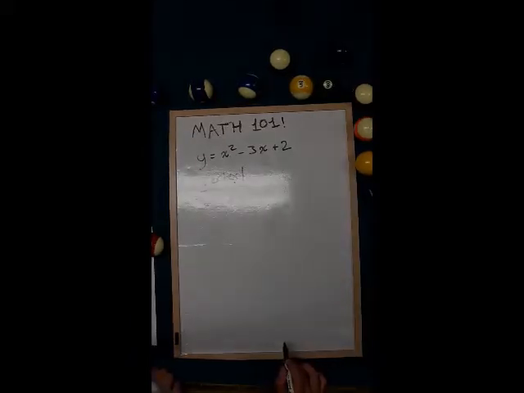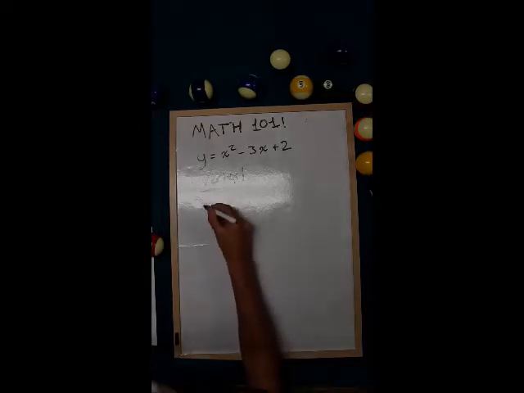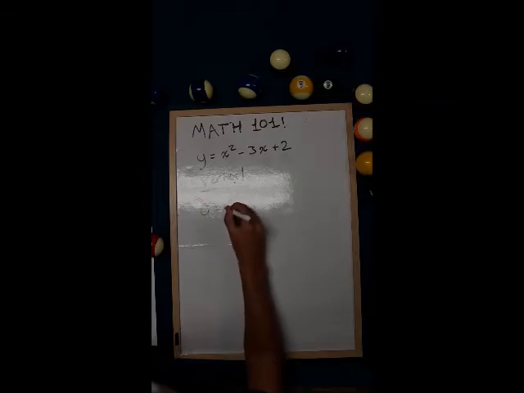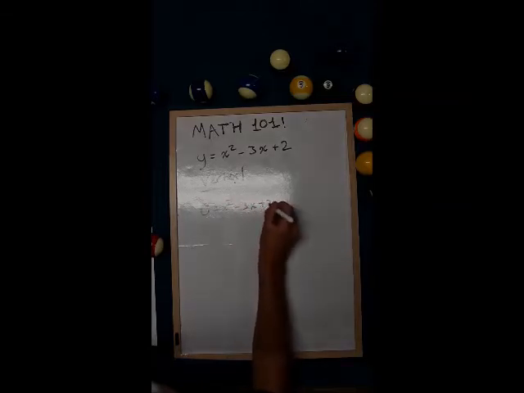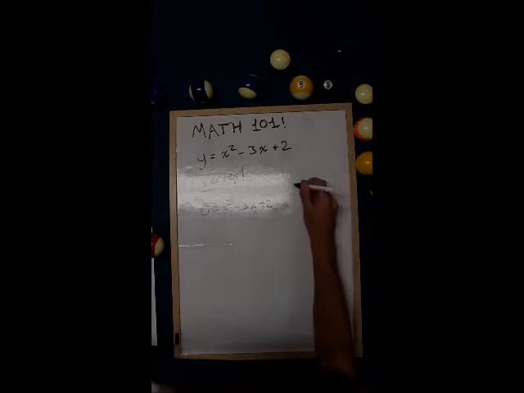Alright, so now that we found the y and x factors, we have to find the vertex. So to determine the vertex, we make y equals 0. And we use the complete the square method.